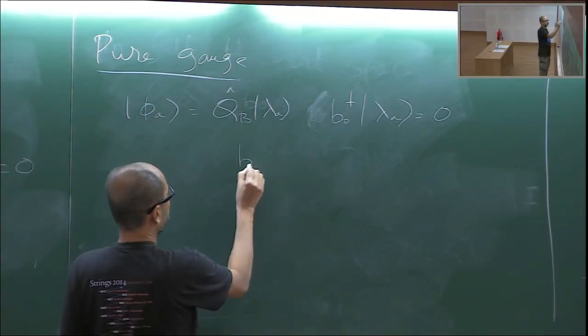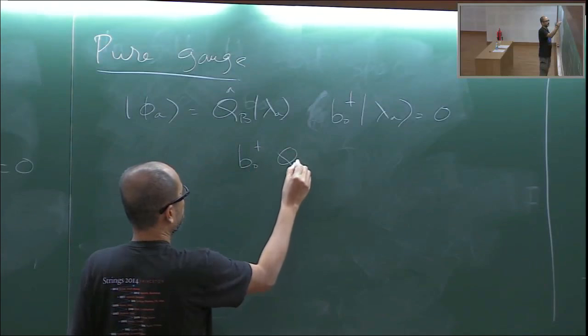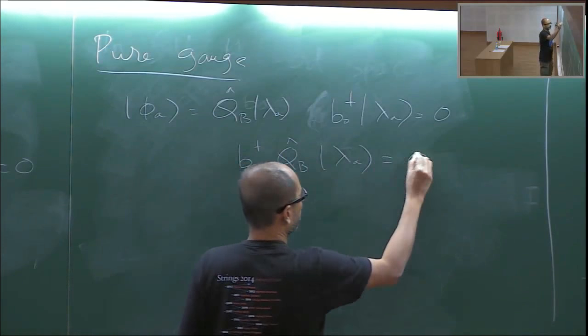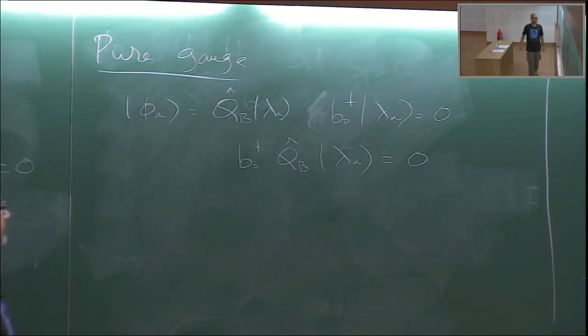And of course B naught plus QB hat lambda equal to 0. So these phi a's also satisfy all of these conditions.